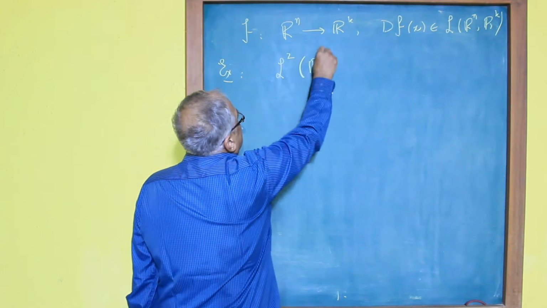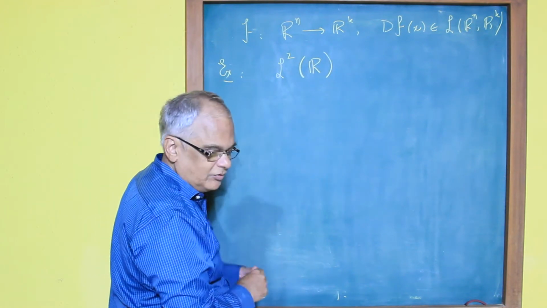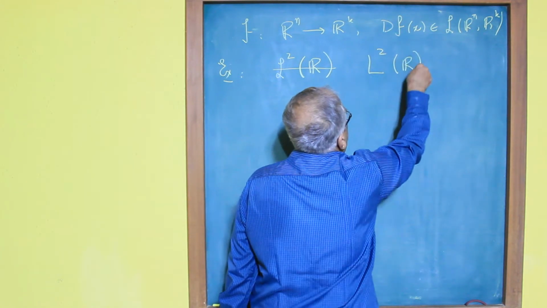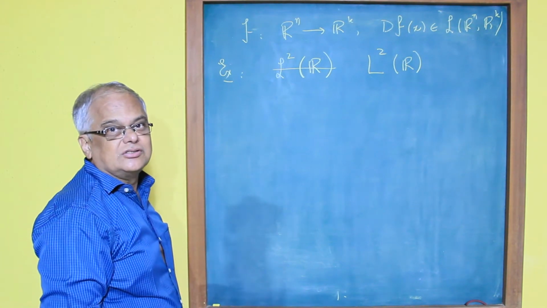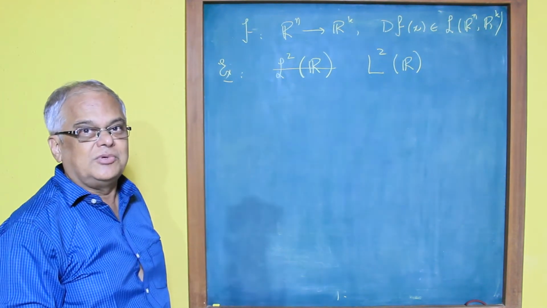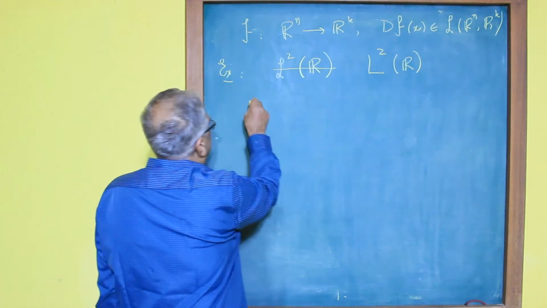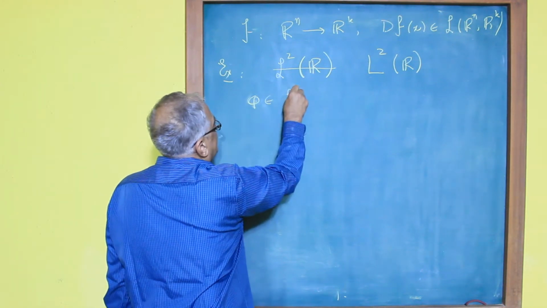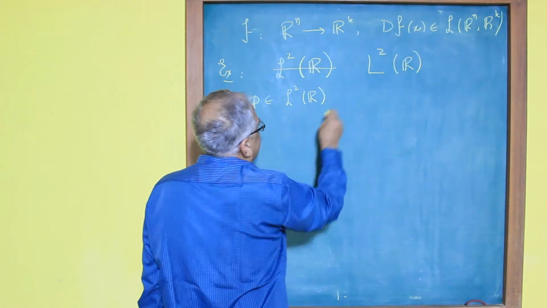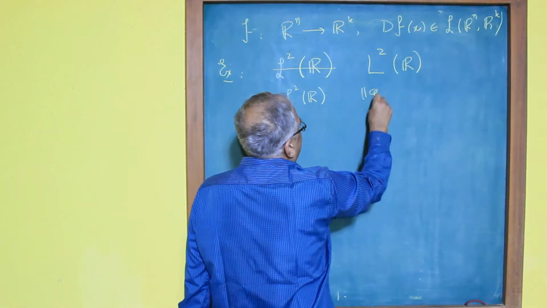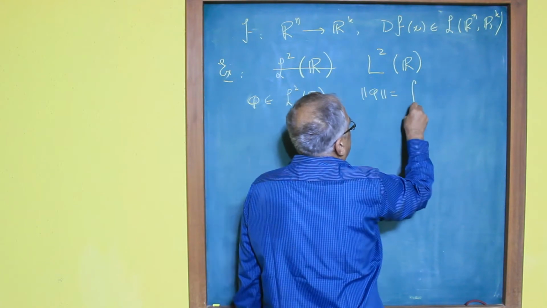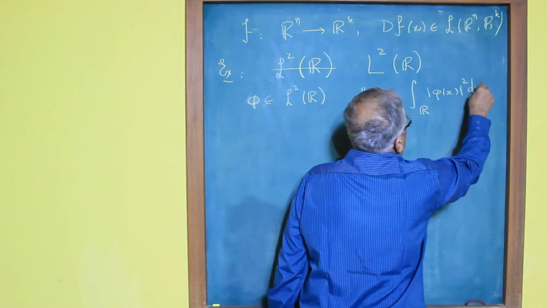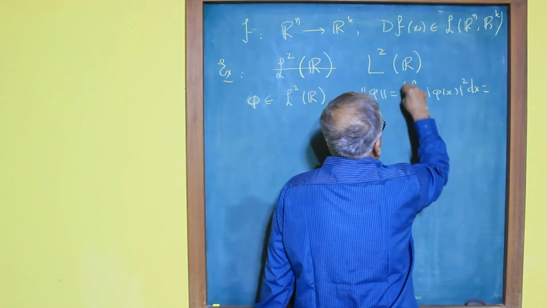L2 of R. These are square integrable, Lebesgue integrable functions on R. So if phi is in L2 of R, what this means is that the norm of phi, which is the integral over R of mod phi(x) squared dx, to the power 1/2, is finite.